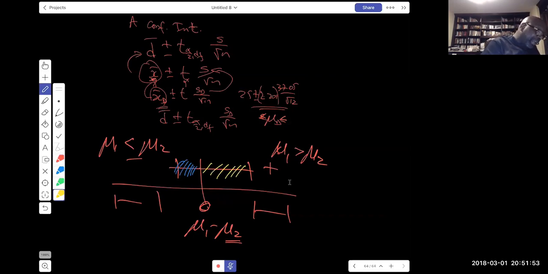And at the point where it's 0, if the difference is 0, what does that say? Mu1 is equal to mu2. There's no difference between them. So whenever the interval crosses over that 0 line, it is possible that the two means can be the same. So that's why we say we don't have enough evidence of a difference anytime the interval for a difference contains a 0.